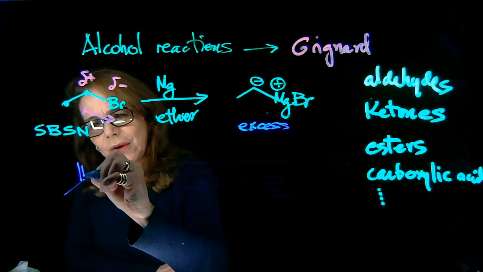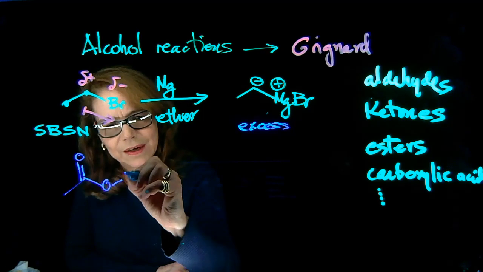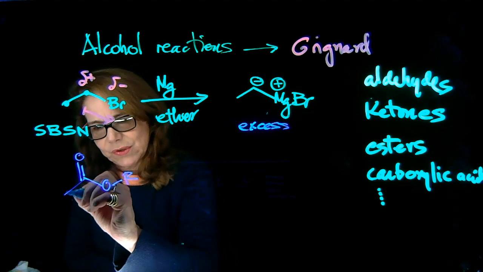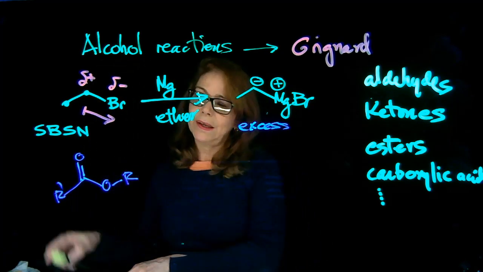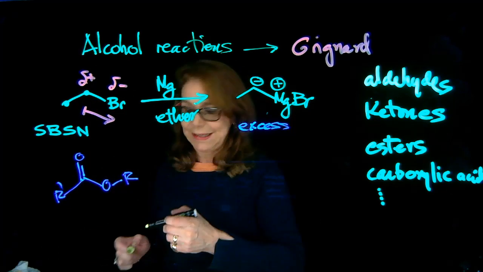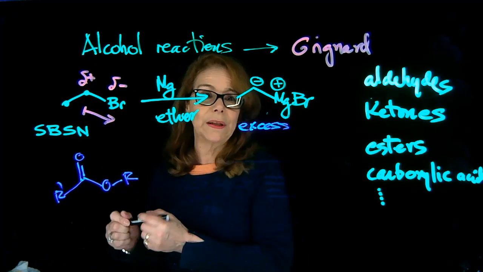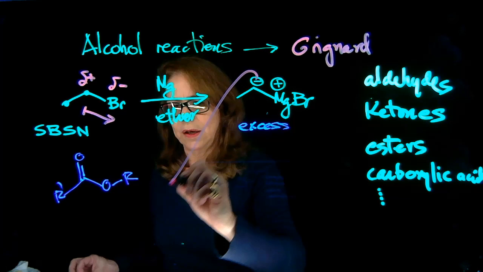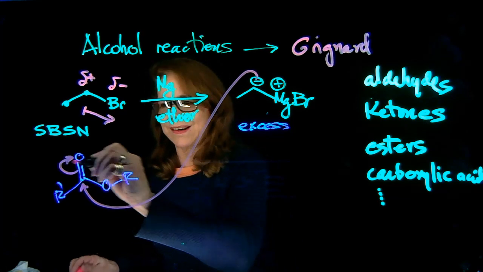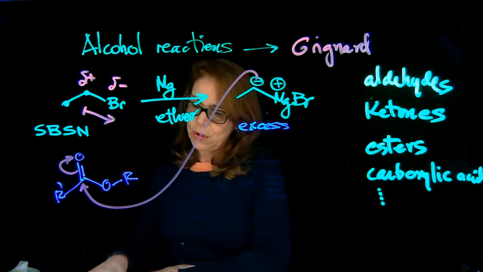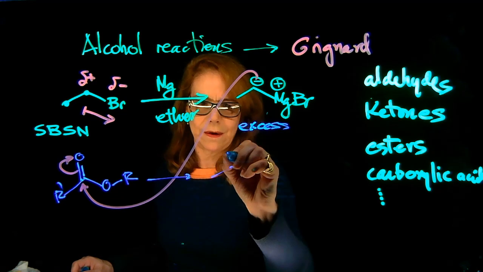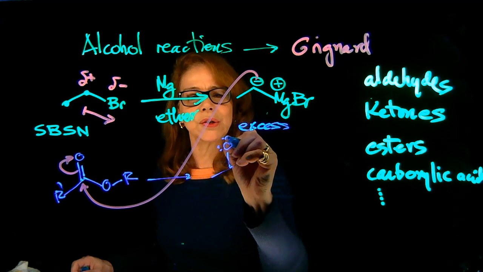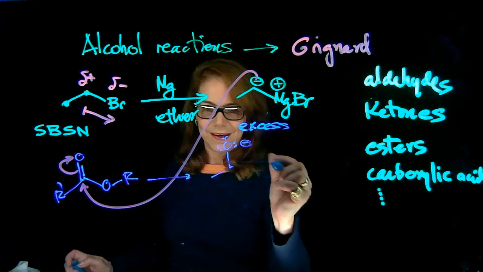So let's draw the structure of an ester, just a general ester. Again, the carbonyl carbon is electrophilic, so you will have the nucleophilic attack, and then you will form this intermediate, similar to the alkoxide that we did before.